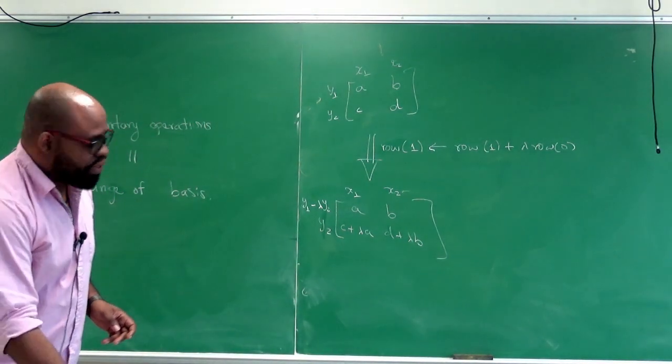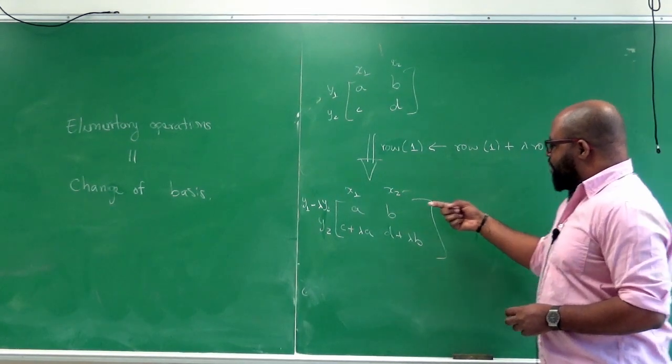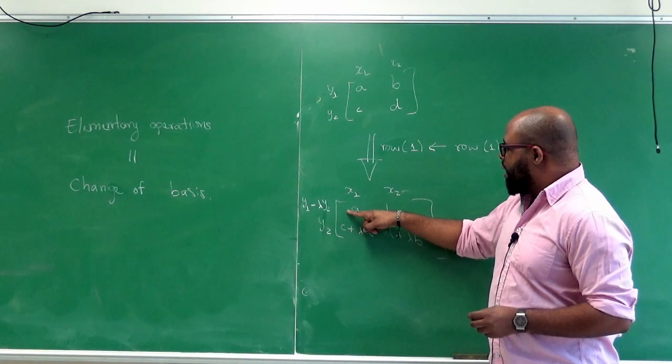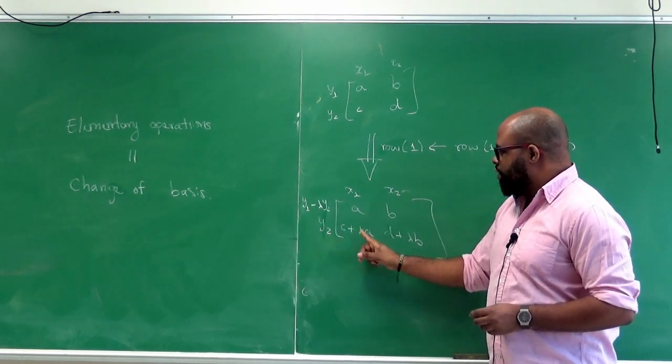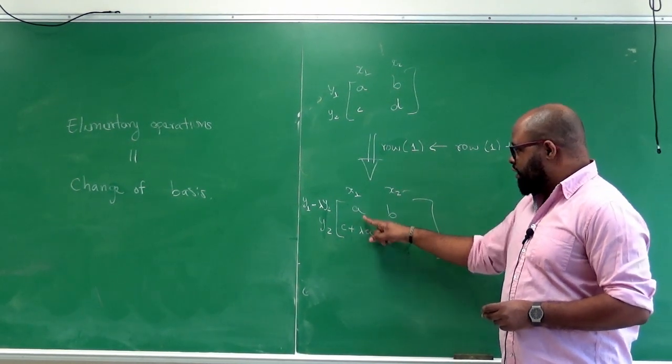In other words, what it's doing is changing the basis of the row that is operating, and it changes by the opposite of what you did to the other row. Okay. Let's see why this is the case.